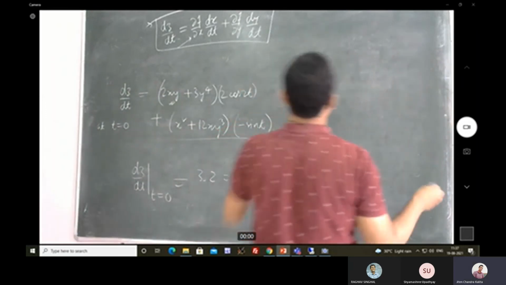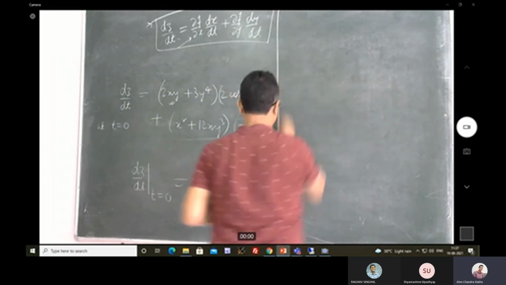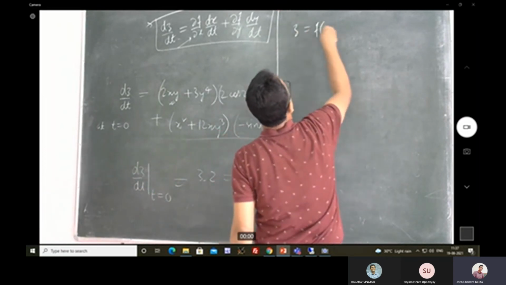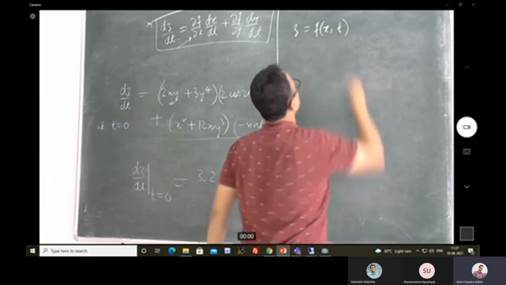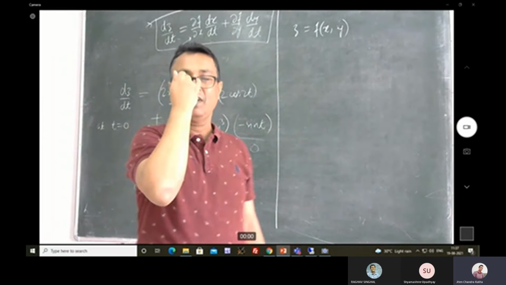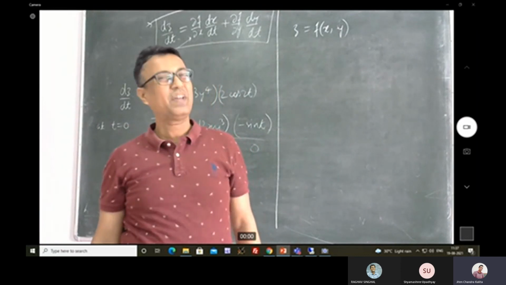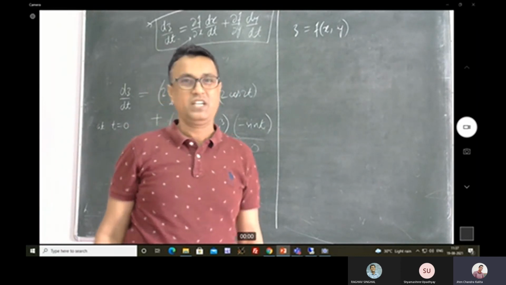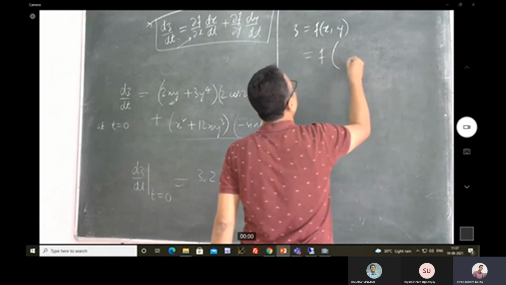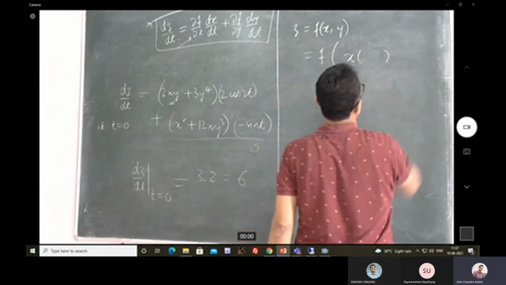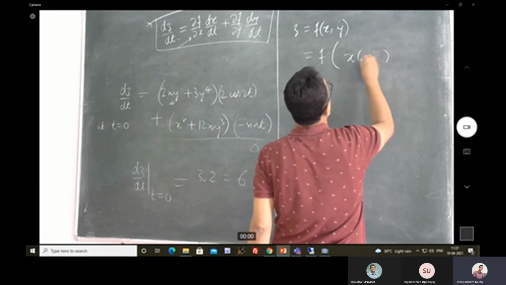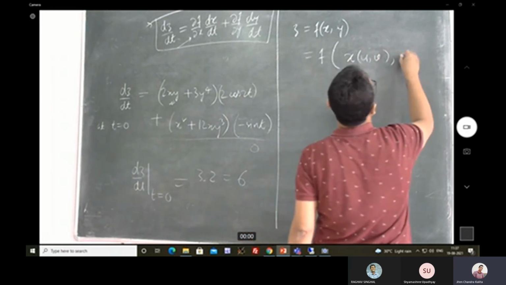Earlier we assumed that z is a function of two variables, x and y, and each of x and y was a function of another single variable t. What happens if each of x and y themselves are functions of two variables, say u and v?